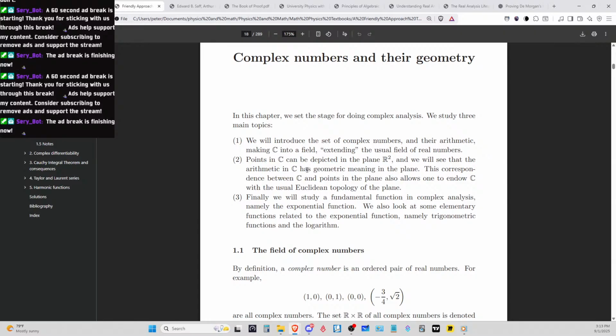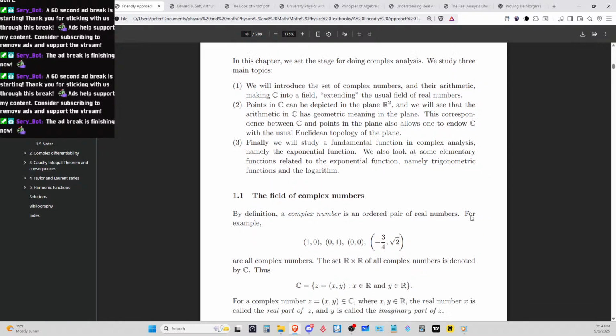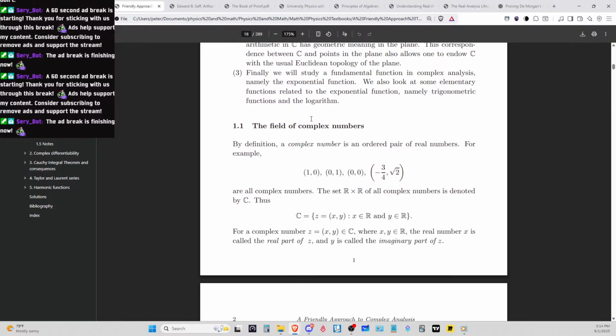We see the arithmetic correspond between them. Finally, we'll study the fundamental function in complex analysis, namely the exponential function. We'll also look at some elementary functions related to the exponential function, namely the trig functions and the logarithm.